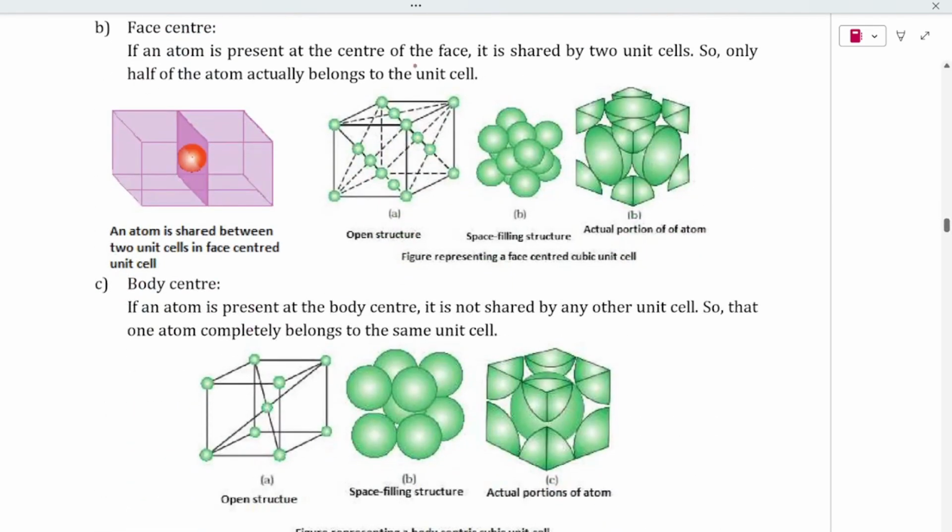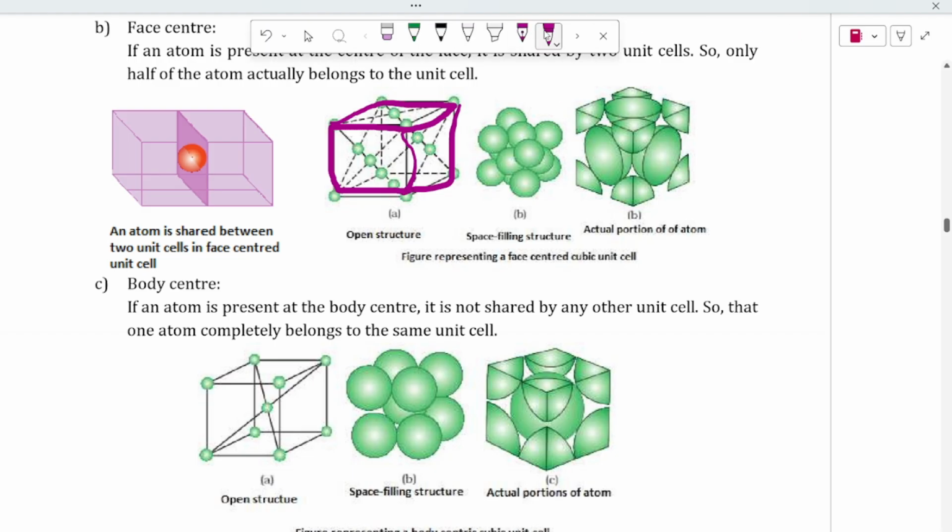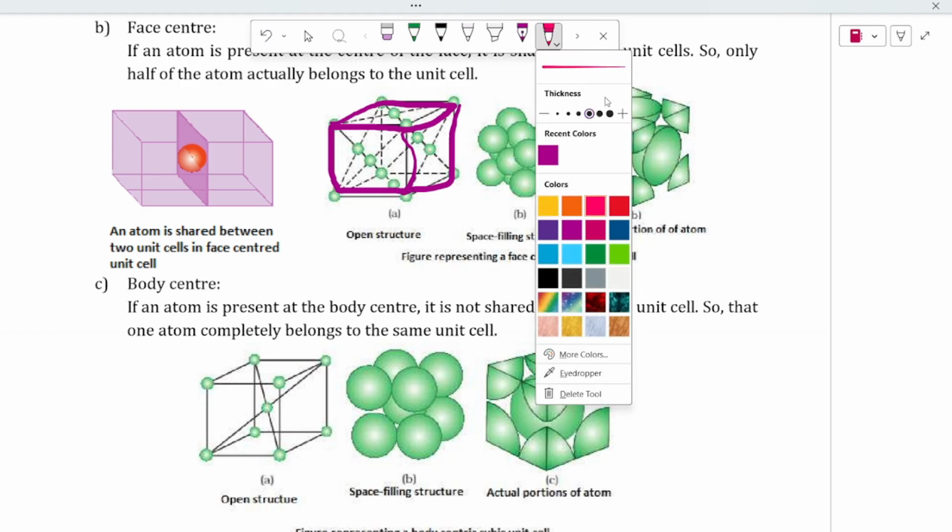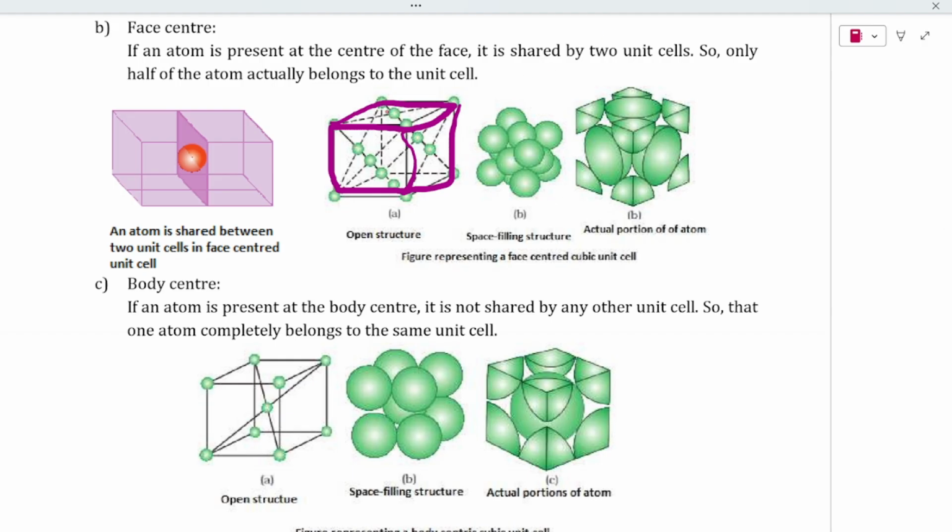Face centered, if you consider a cube, you have a face like this, right? Up here you have, let's use a different color. Here, if you see, this is called a face. The atom present on the face is shared by 2 unit cells, and down also 1 face will be there, right?